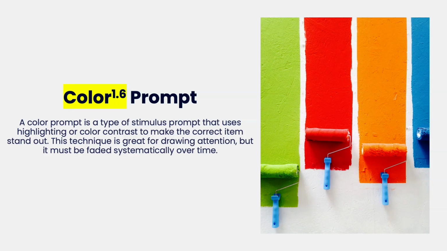If you're teaching them to drink water from the water fountain and you want to make sure they push the button for the water, not the one to fill your bottle, which is always on the back of these water fountains these days, you color that button. You put a red dot on it so they push the right button. That would be a color prompt. Putting little colored stickers on the correct buttons is actually a fairly common one that we use a lot, and it does help a lot.